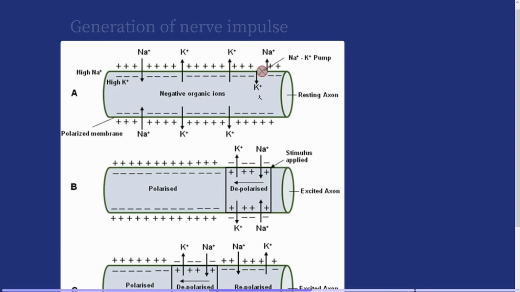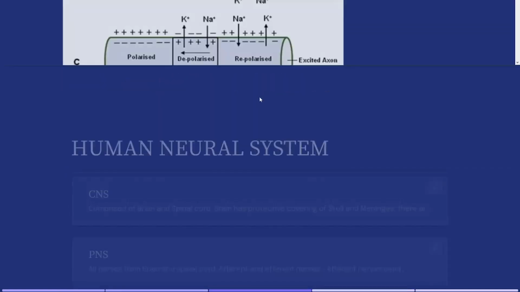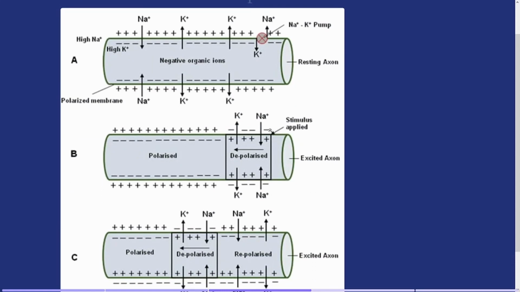Now, what happens when a stimulus is applied is that a depolarization occurs in the axonal membrane. Depolarization causes membrane permeability changes, which causes Na+ ions to pour in and K+ ions to pour out. Hence, there is a positive charge inside the axonal membrane and a negative charge outside.